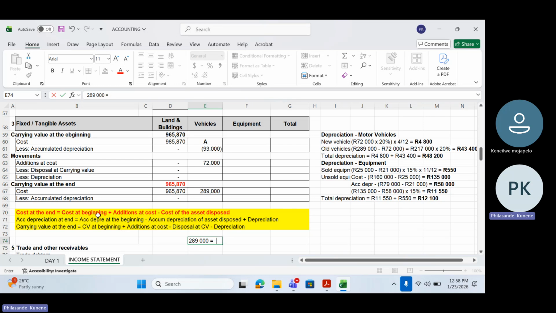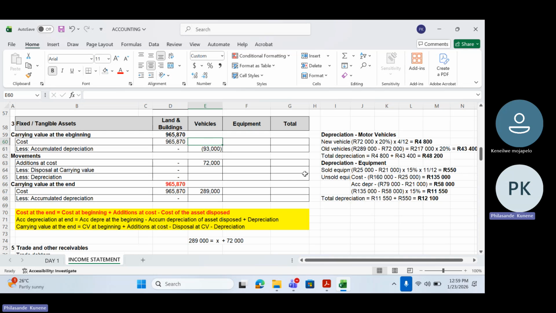That is going to be your X. So 289,000 is equal to X plus additions at cost 72,000 minus cost of the asset disposed. We don't have that one, so I'm not even going to subtract it because we did not dispose any asset. So you solve for X, you get your A.